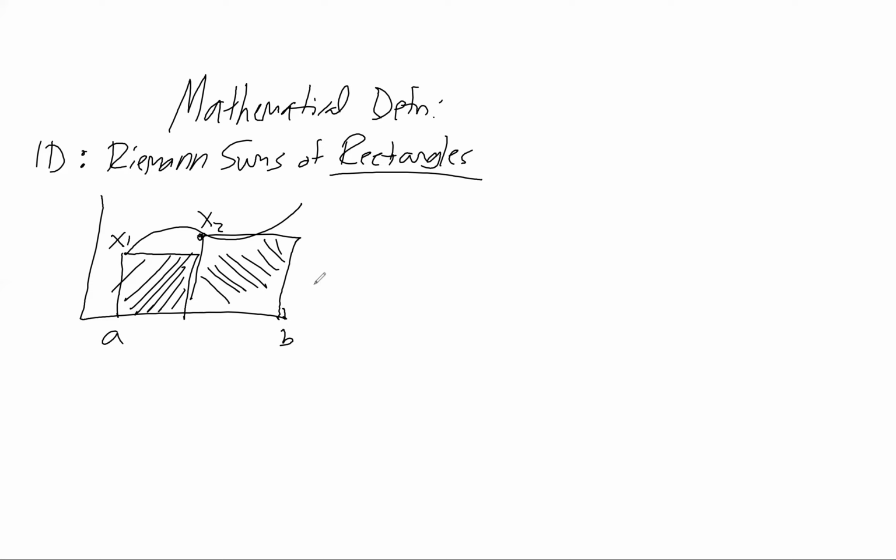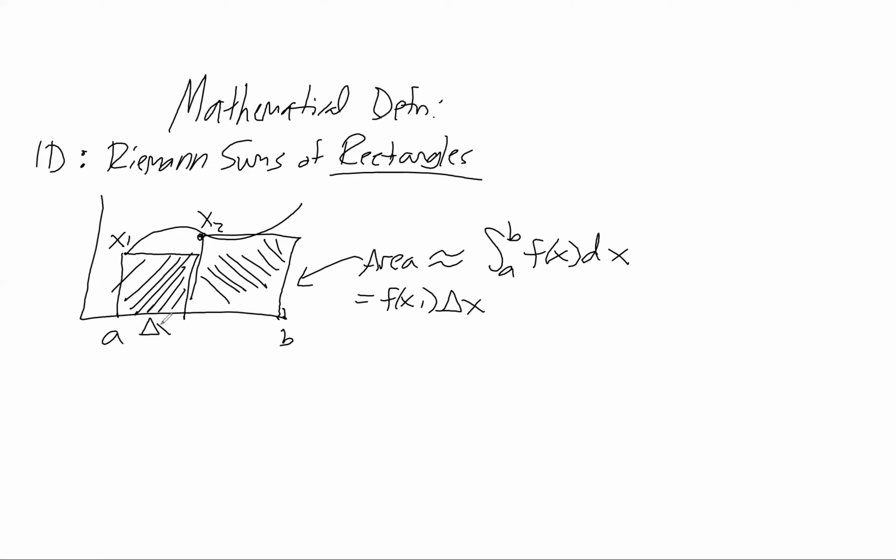And so this area is approximately the integral. And this thing, of course, is base times height, right? So it's f of x1 times the width plus f of x2 times the width. And this delta x, of course, if you do even sides, it's just b minus a over 2.